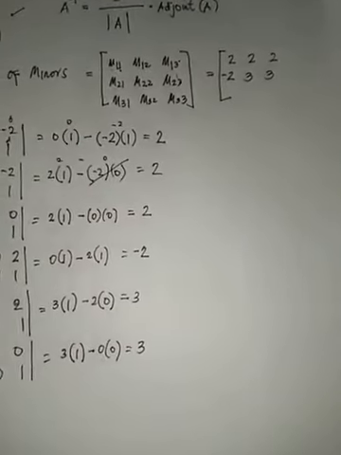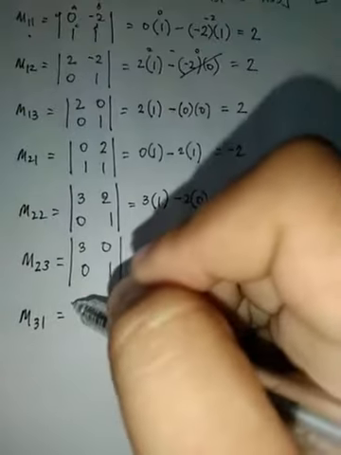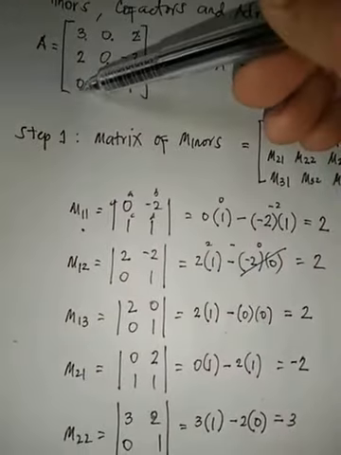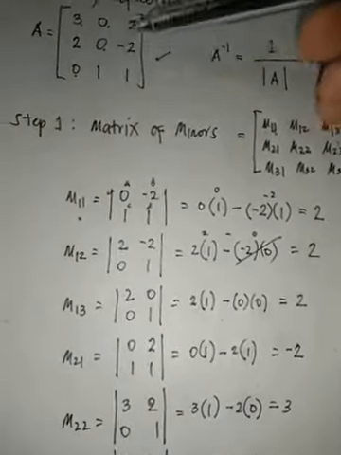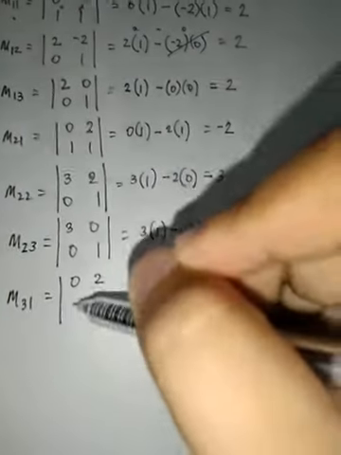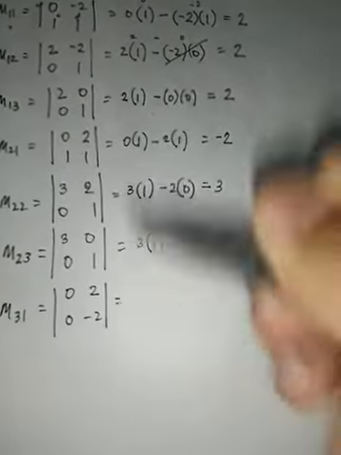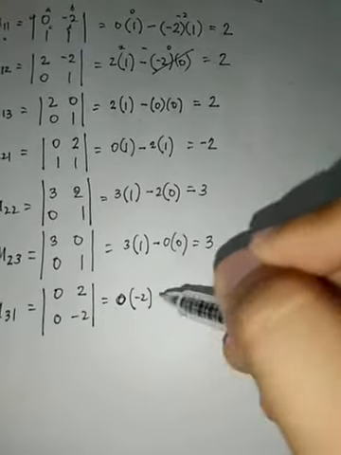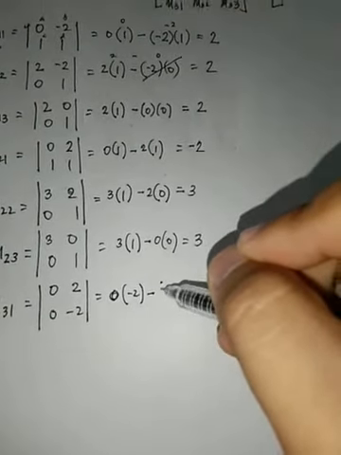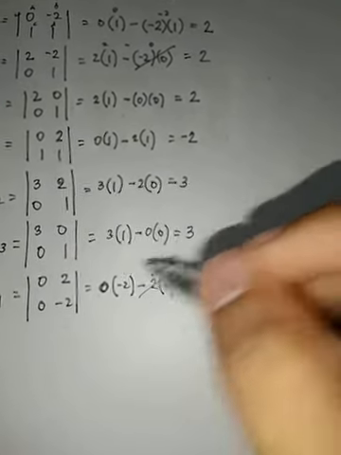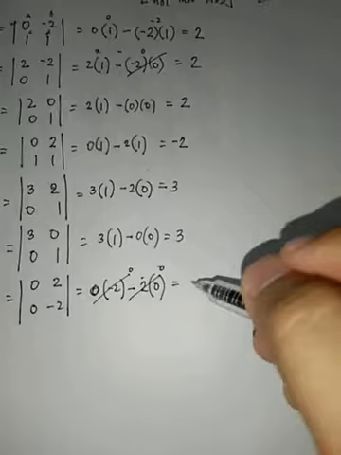Then, for the M31, bilisan natin. So, this M31 dito, disregard, disregard. So, maiwan is ito: 0, 2, 0, negative 2. So, 0 times negative 2 minus 2 times 0. So, this is already 0.